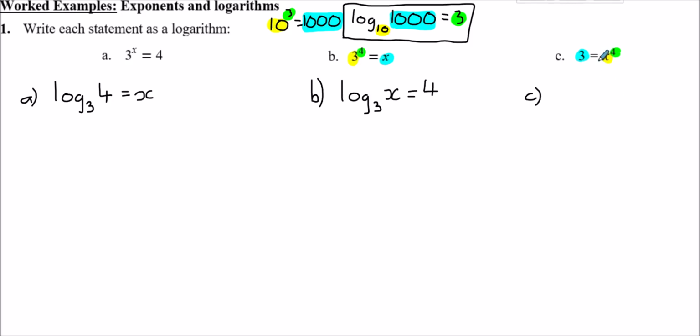So in the same way we can rearrange this. So it's going to be log to the base x. The next number we're going to put down is going to be the 3, and that's going to equal 4. And so that's how we do these.